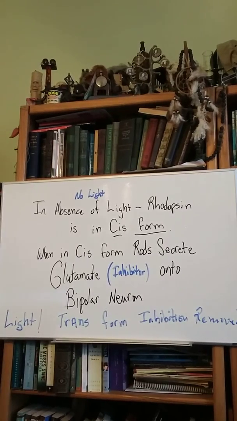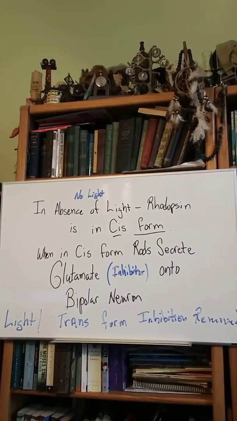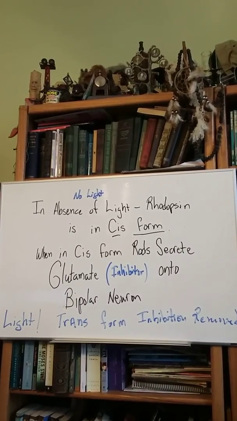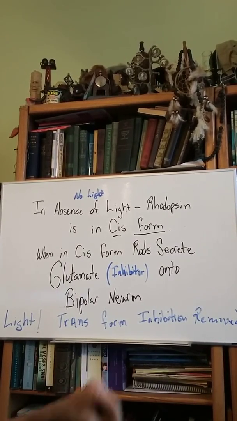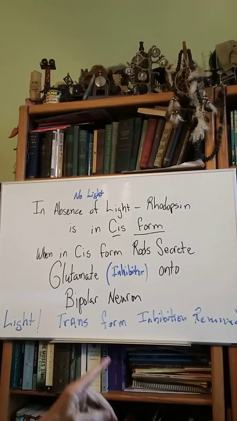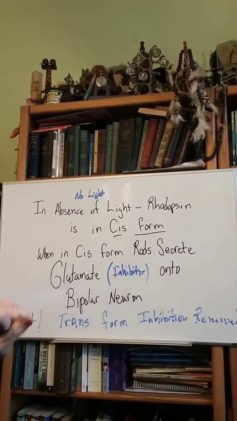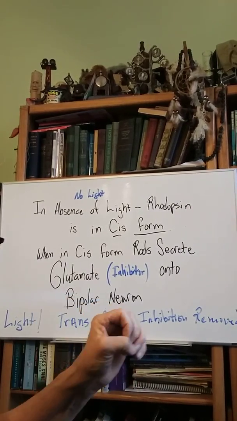Okay, so we had said that we have these two different forms that the rhodopsin can take. The cis form is bent and the trans form is straight. Now, in the absence of light, the rhodopsin is in the cis form. That's the bent form.